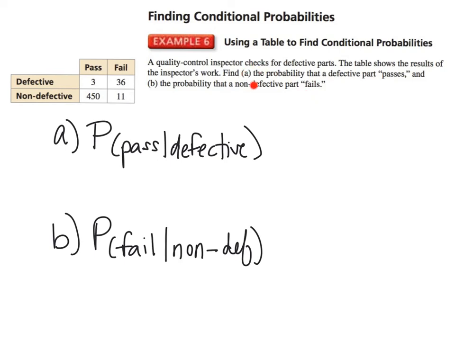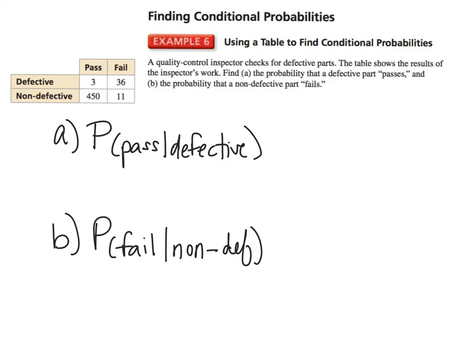Since we have to know the probability that a defective part passes, what has to happen first is the part has to become defective. So of those that are defective, that's event A, how many have passed? So given A, what's the probability of event B?